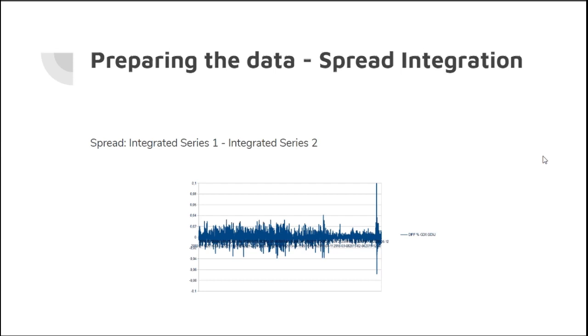So this spread equals the integrated time series of senior miners minus the integrated time series of junior miners. We have here the difference in percent return for each day. In this case, this is an integration of order 1 between the difference of GDX and GDXJ. J stands for junior.